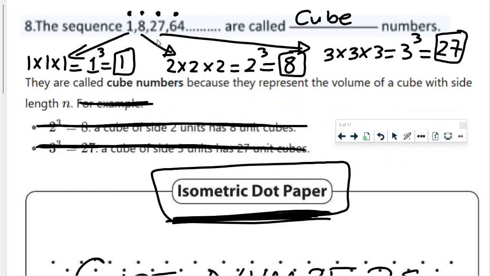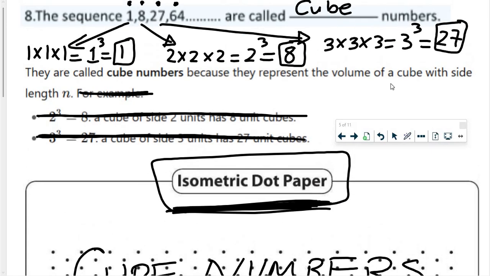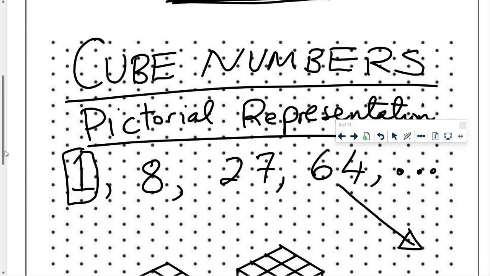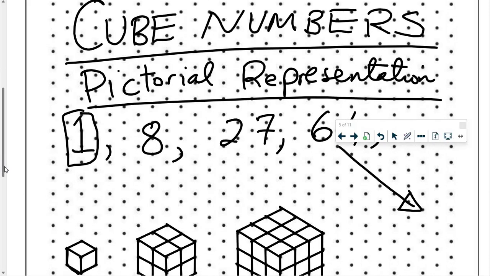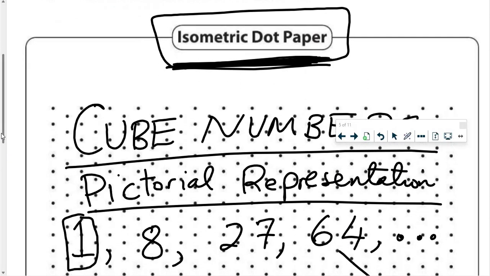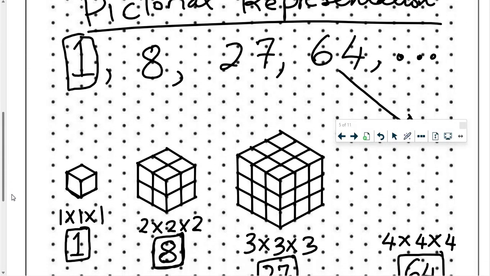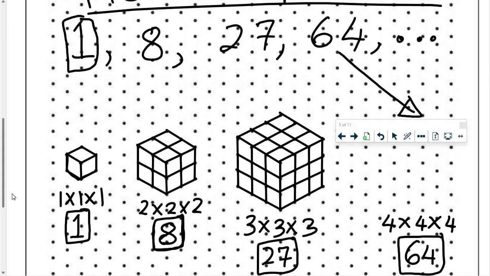So the sequence 1, 8, 27, 64 are called cube numbers. Why are they called cube numbers? They are called cube numbers because they represent the volume of a cube with side length n. To clearly see them, you take this isometric dot paper and display the number of cubes.